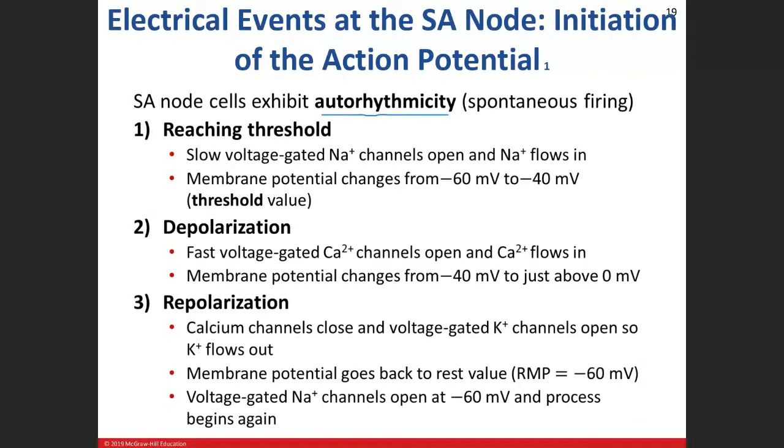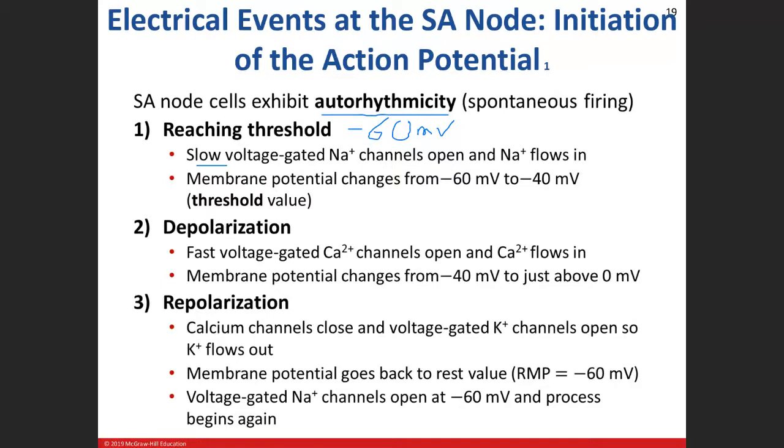So we start off here, we have our threshold of -60. So what will happen is, once we're at this -60 millivolt value, as soon as that happens, these slow voltage-gated sodium channels will just open up. Okay, they open up, and sodium flows into the cell. What is it called when we make the inside of the cell more positive or less negative?